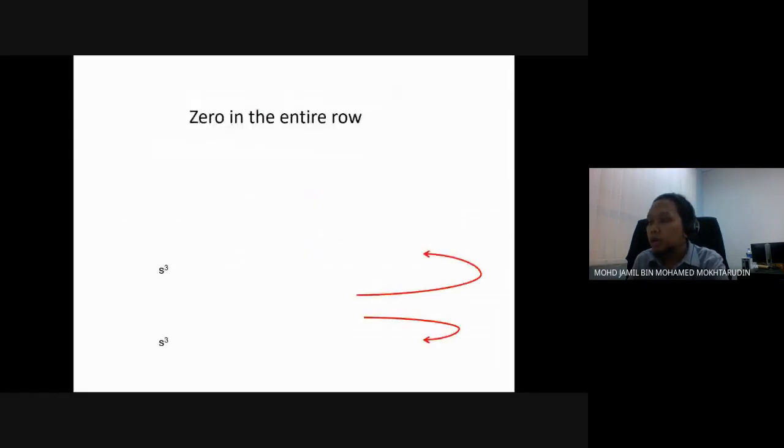So what happens if you encounter a case where there are zeros in the entire row, meaning one of the rows has all 0. Just now it was one column with a 0, but now one of the rows has all zeros.